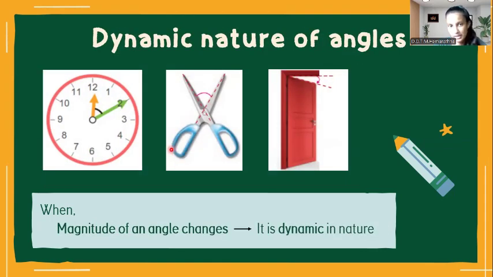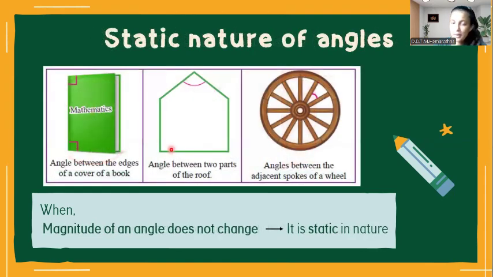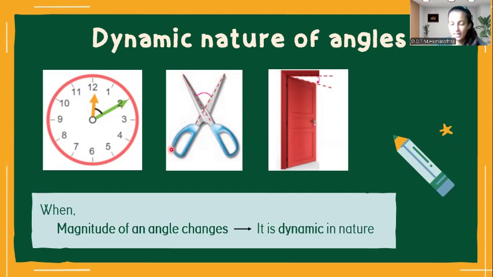This is the dynamic nature. In static nature, the magnitude of the angle does not change on any occasion. But in the dynamic nature, time by time and when we are using it, the magnitude of the angle changes. So we call them angles with a dynamic nature.